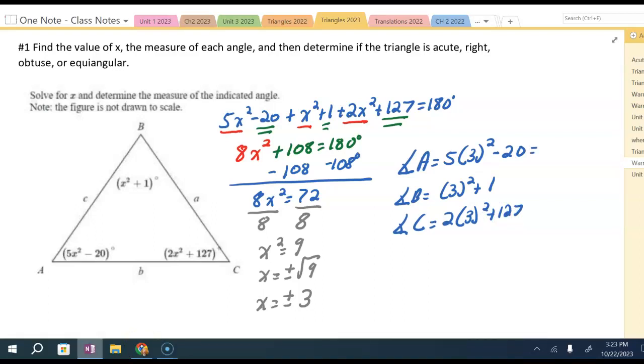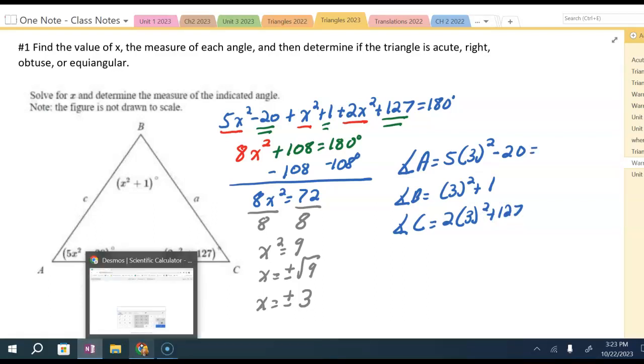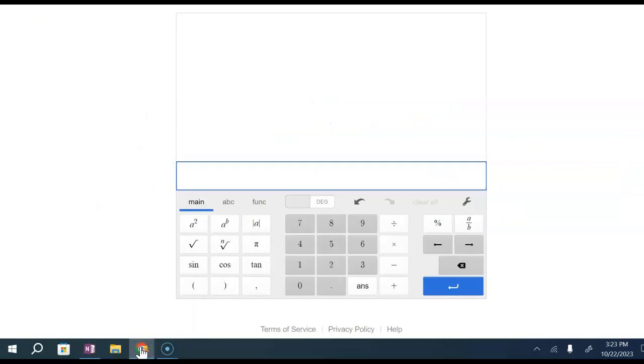So now I'm going to show you how to do this on your Desmos Scientific Calculator. So angle A is 5 times 3 squared minus 20, which gives me 25. Angle B is 3 squared plus 1, which is 10.